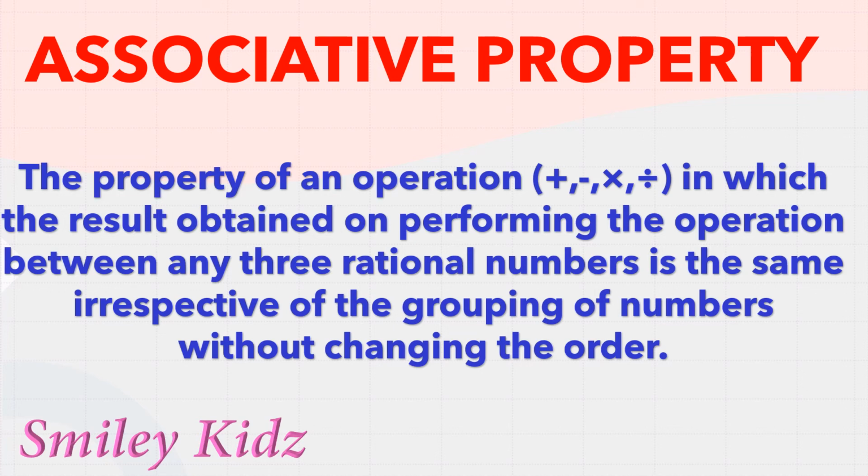I repeat, the property of an operation, that is addition, subtraction, multiplication or division, in which the results obtained on performing the operation between any three rational numbers is the same irrespective of the grouping of numbers without changing the order.